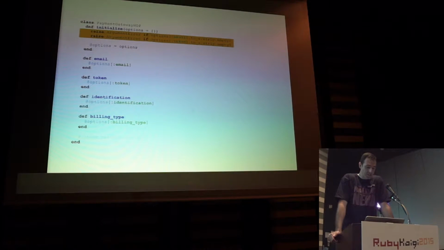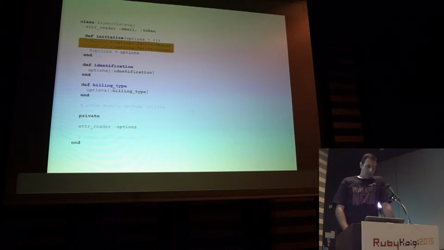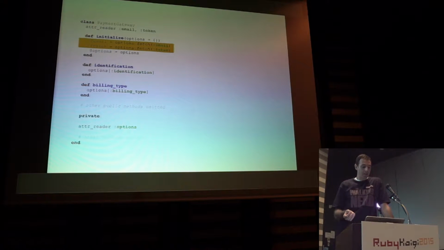It checks if they exist and raises an argument error if not. Moreover, the options instance variable is used in many methods. The best approach to require values in a hash is using the fetch method. If a value is not present, a key error will be raised.